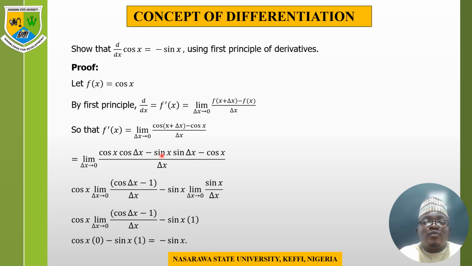Then what we did next: if you look at it here, this is cos x. When you expand this one completely, you are going to have this guy here. Then we bring this one here, and cos is going to be common.